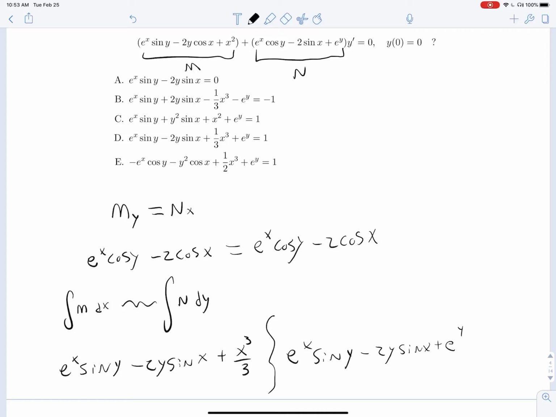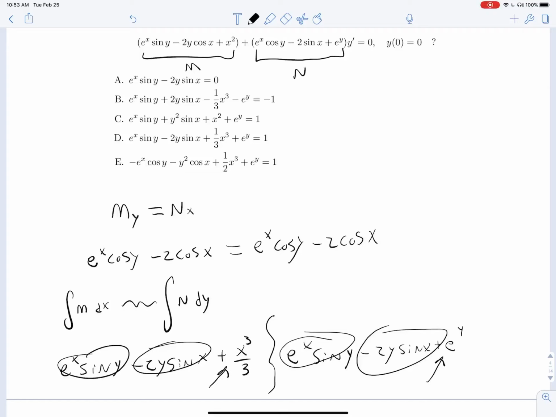So we see that we have overlap in these terms here, but we have terms that are only occurring on one side of things. Remember, we only count the overlapping terms once, and then we're just going to tack on the other two. So overall, our equation is e to the x sine y minus 2y sine x plus x cubed over 3 plus e to the y is equal to some constant c.